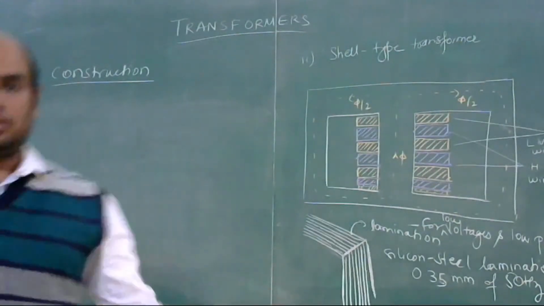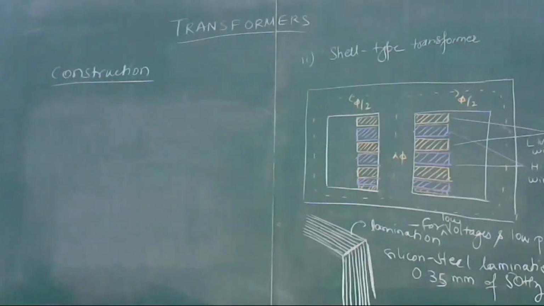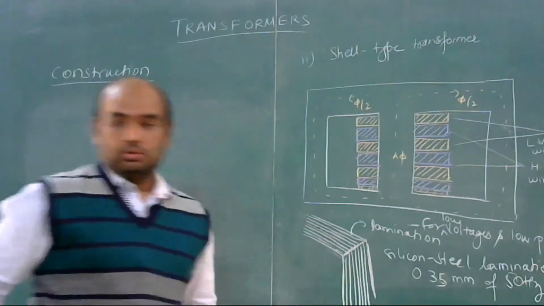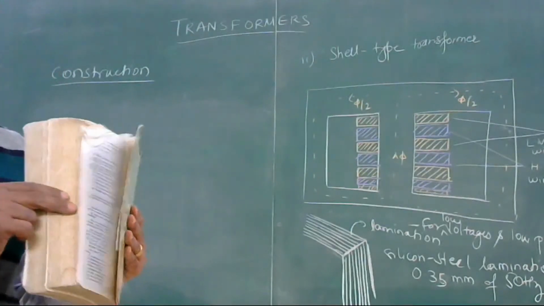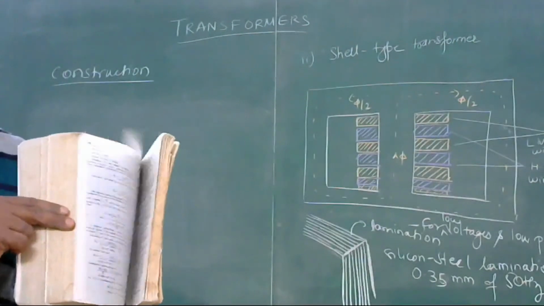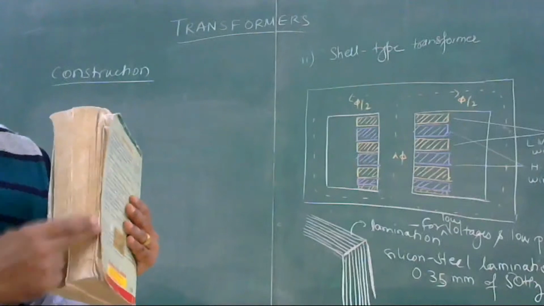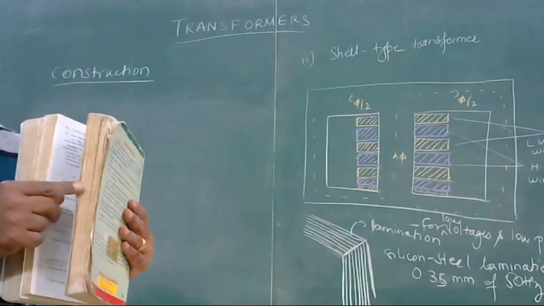So why do we need this whole transformer core made of thin laminations? These are the thin laminations, and the core is made up of these small laminations.